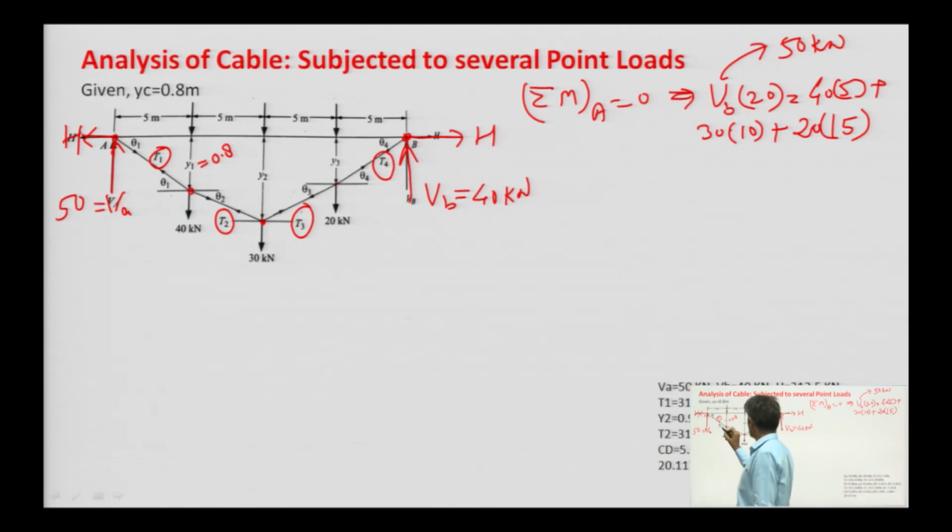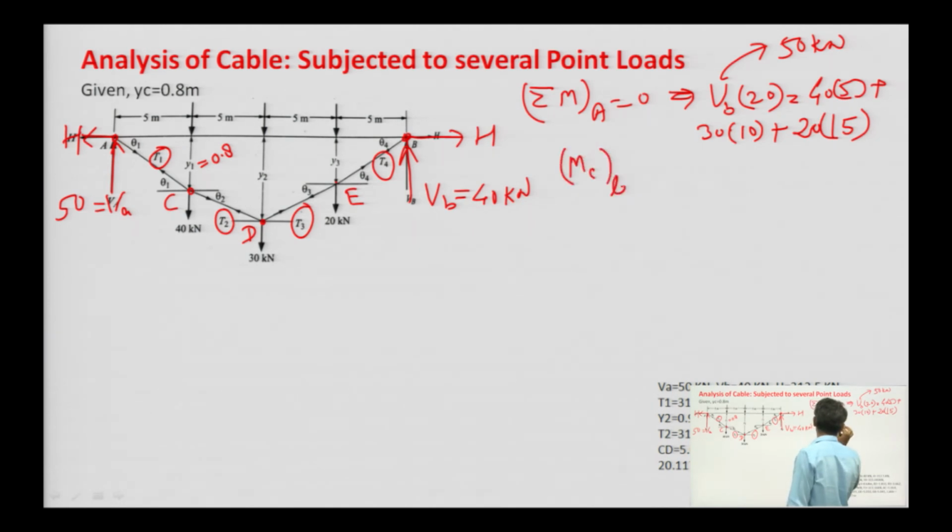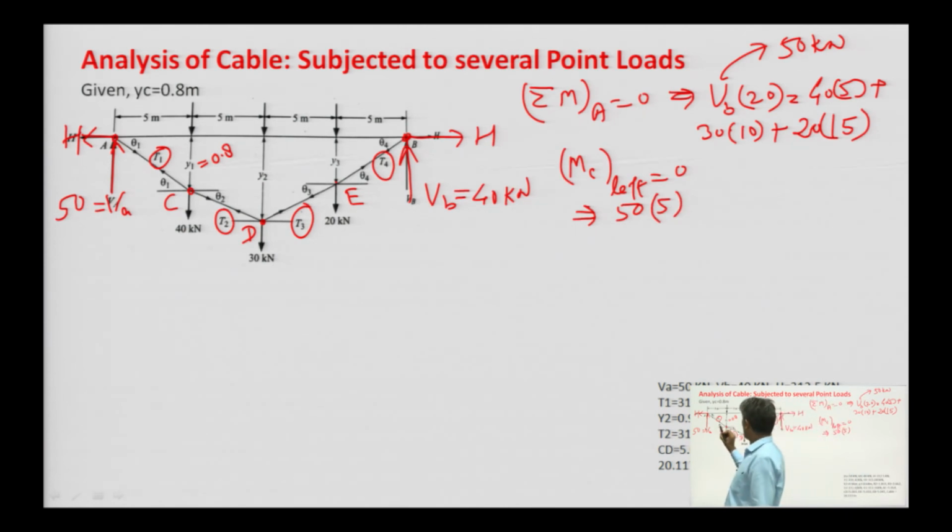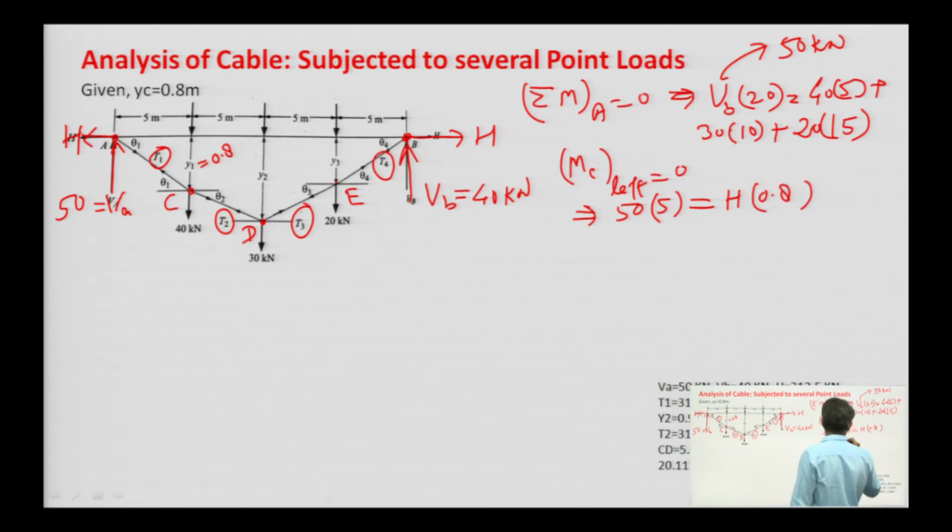Suppose this point is C, this point is D, this point is E. If we apply the bending moment at point C for the left part only equals to 0, we get VA with perpendicular distance 5, so 50 into 5, and the other force is H, so that equals H into the perpendicular distance Y1, which is 0.8. By solving this we will get the value of H as 312.5 kilonewton.